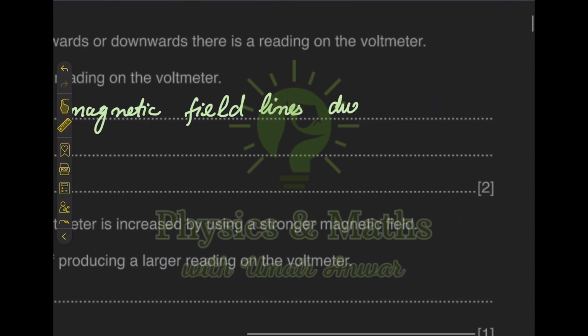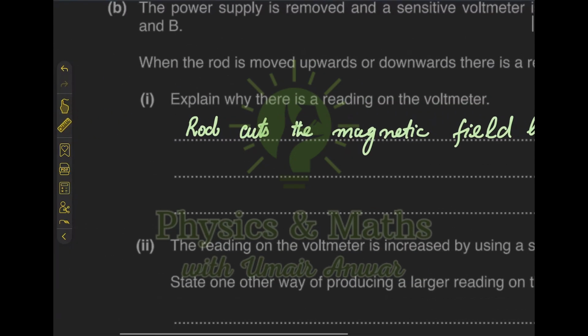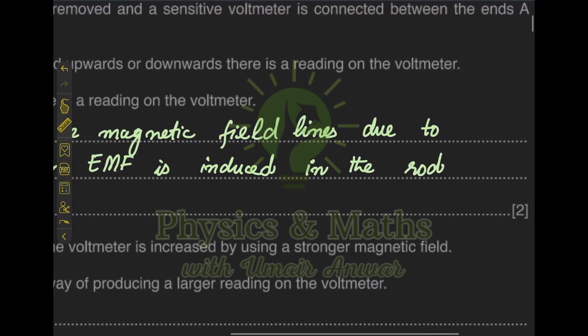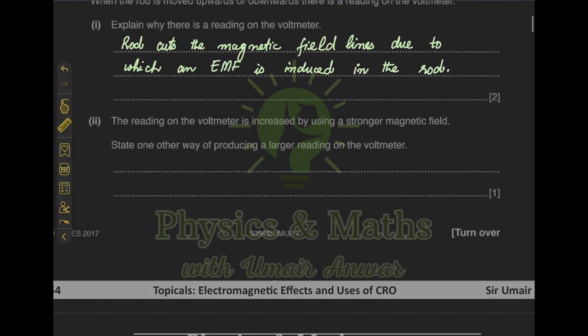Due to which an EMF or voltage is induced in the rod. So that is why there is a reading on the voltmeter while we are moving the rod upwards or downwards.